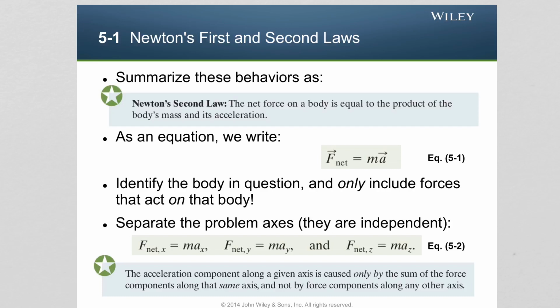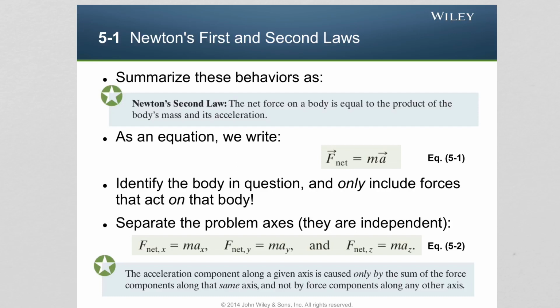Keep in mind that the net force is equal to the sum of all forces that act on the object. So then the x component of the net force will be equal to the sum of x components of all forces that act on the object. The y component of the net force will be equal to the sum of all y components of the forces acting on the object.